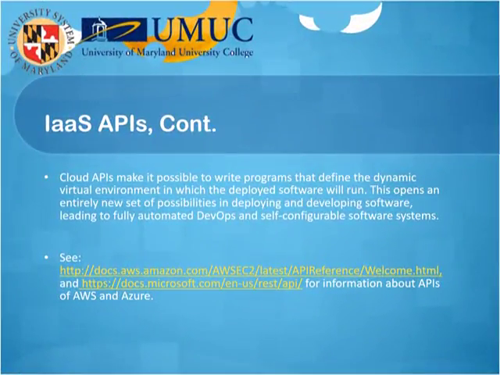Cloud APIs make it possible to write programs that define the dynamic virtual environment in which the deployed software will run. This opens an entirely new set of possibilities in deploying and developing software, leading to fully automated DevOps and self-configurable software systems. See the links provided for more information about APIs of AWS and Azure.